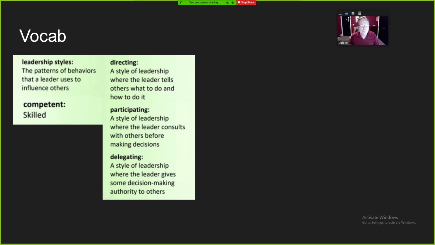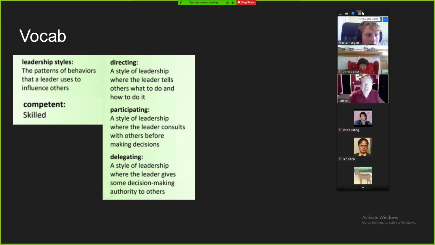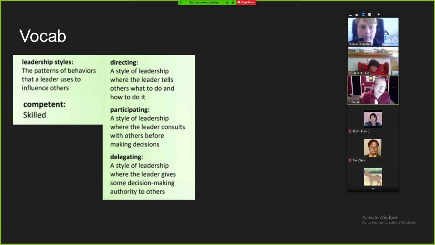So we've discussed some models. This model of leadership, the idea of breaking it into directing, participating, delegating. We looked at authoritarian, democratic, and laissez-faire. So we've looked at some different approaches to leadership. What I want you to understand is that any of these approaches are obviously overly simplistic, and they need to be, but they help us to think about it.